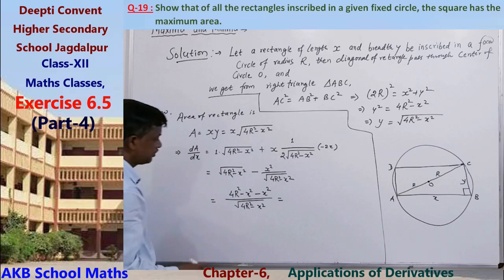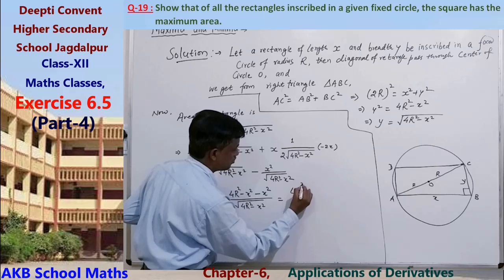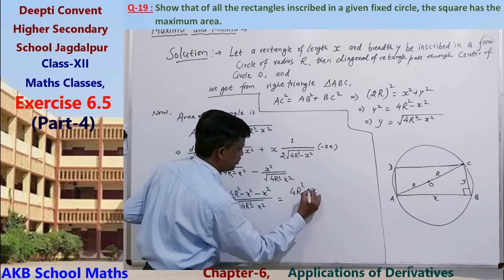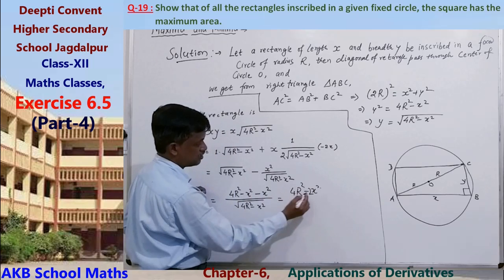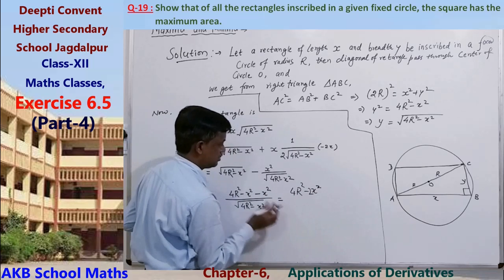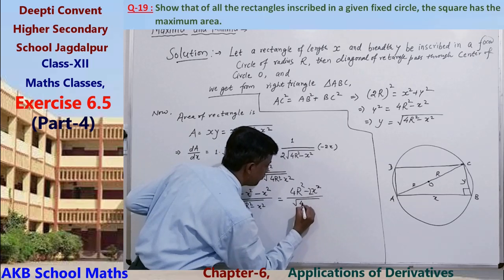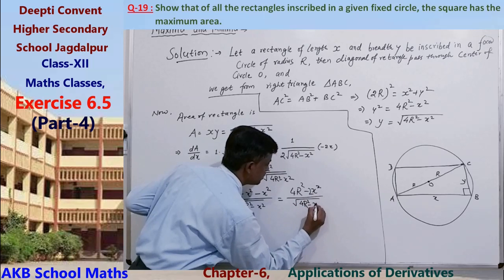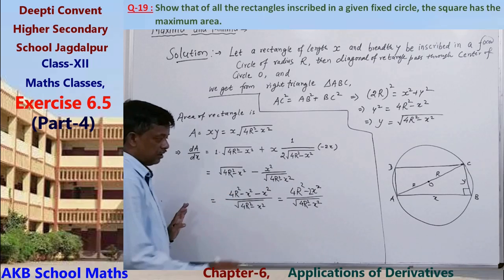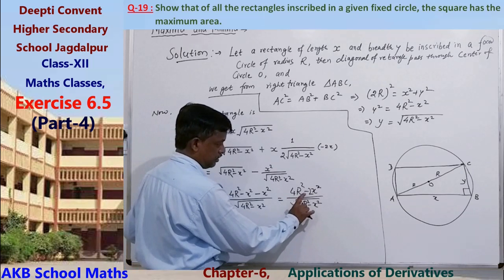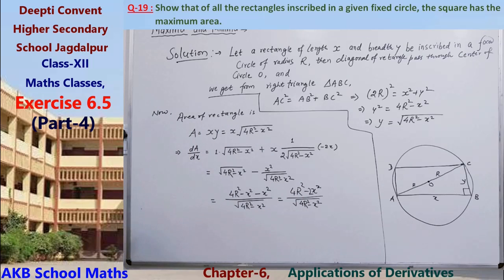Taking LCM, this equals 4R square minus X square minus X square upon root of 4R square minus X square, which is 4R square minus 2X square upon root of 4R square minus X square. This is the first derivative. Clear?